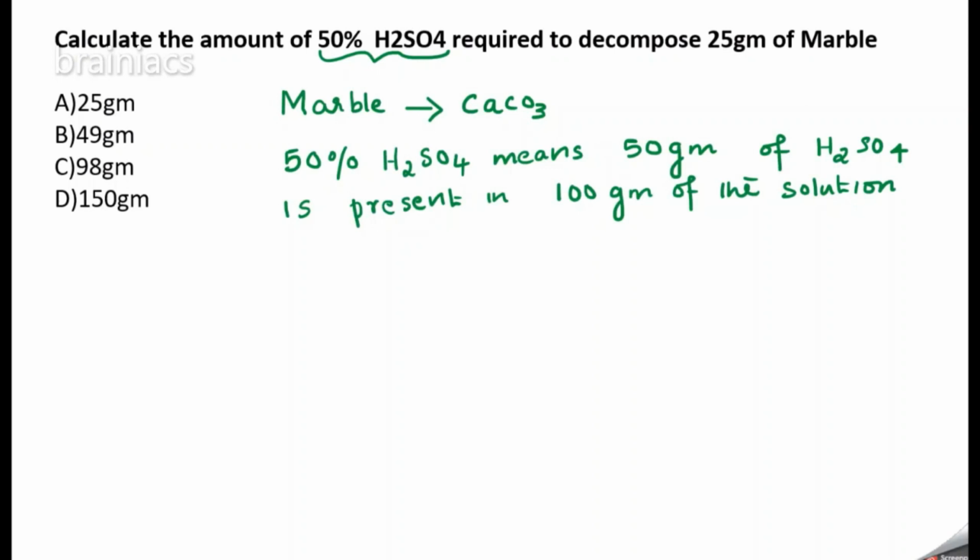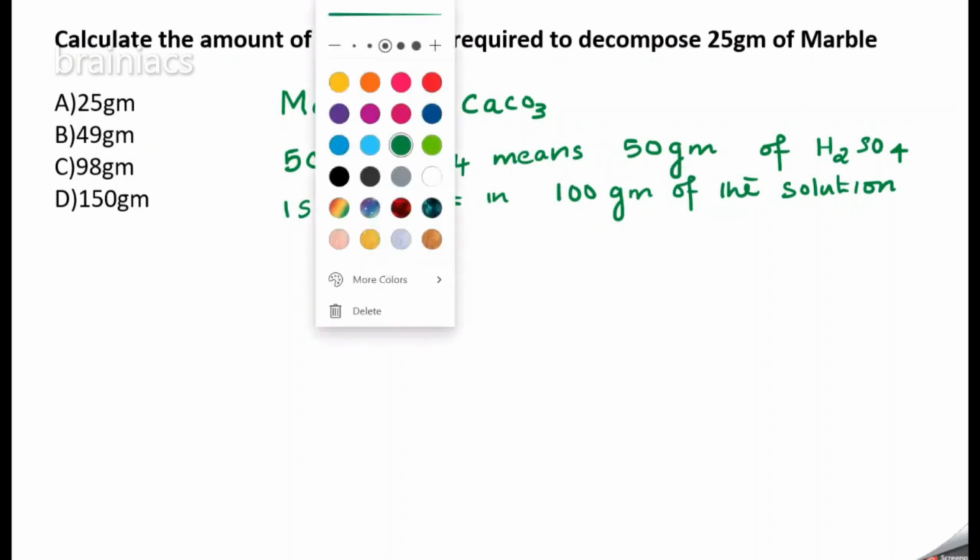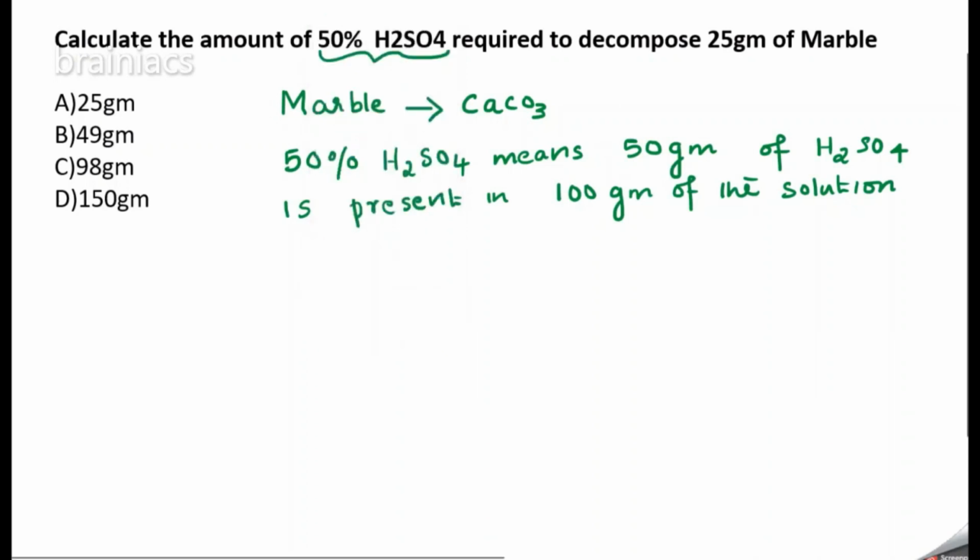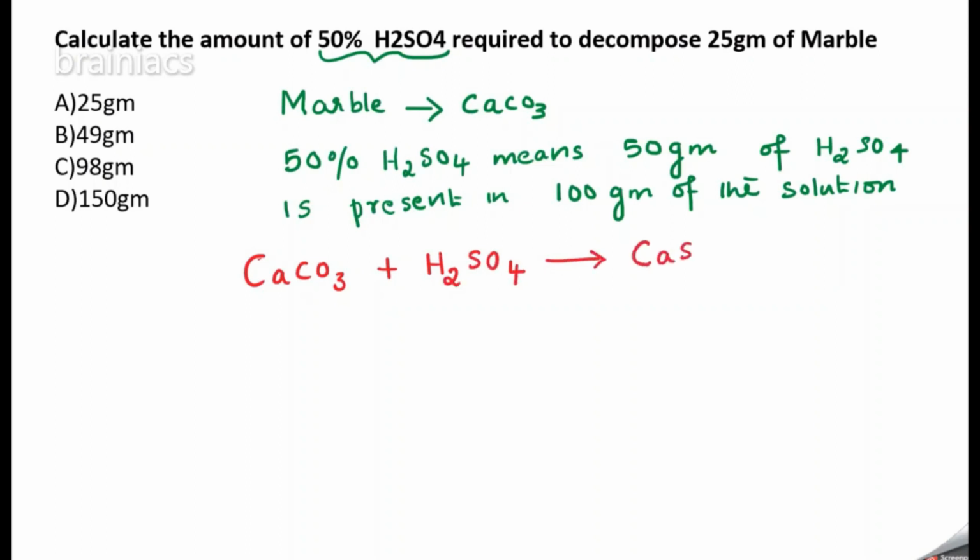We know that H2SO4 will react with calcium carbonate. So how will the reaction be? I will choose another color for the reaction. Calcium carbonate will react with H2SO4 to give calcium sulfate plus water and carbon dioxide.